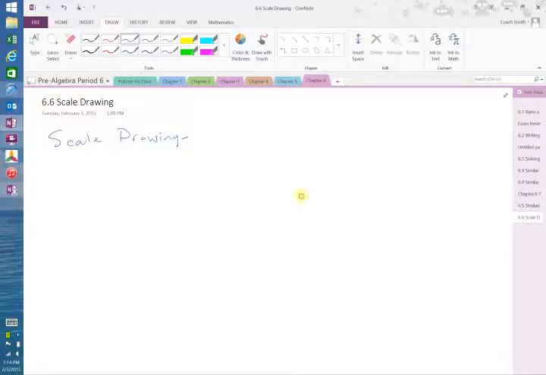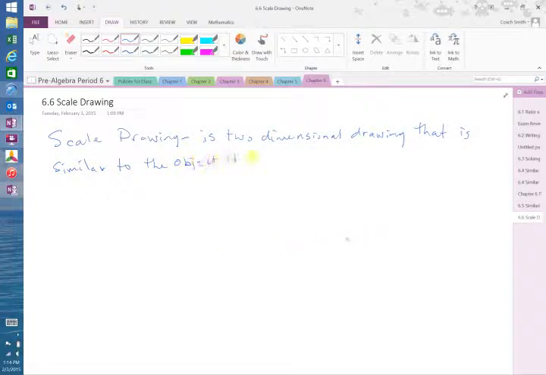A scale drawing is a two-dimensional drawing that is similar to the object that it represents.